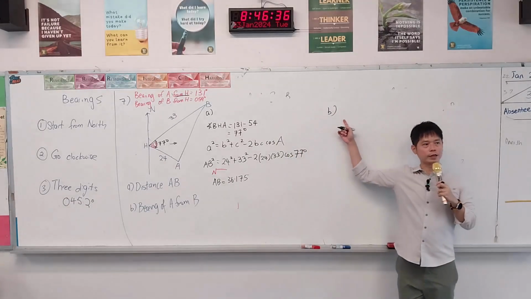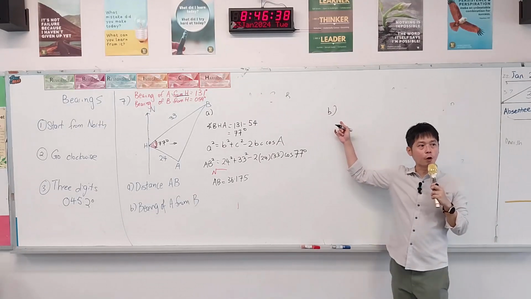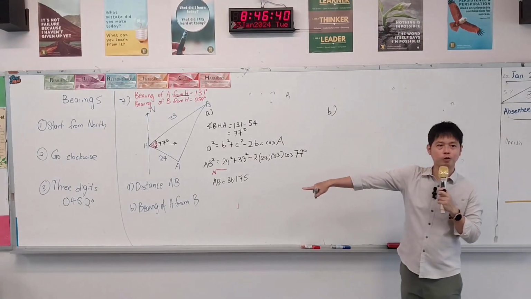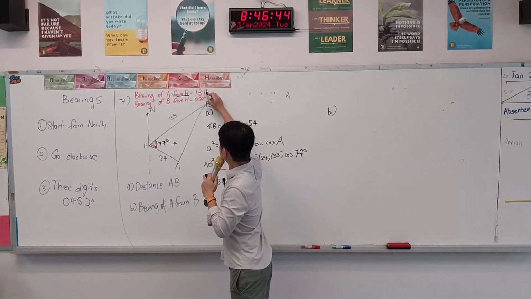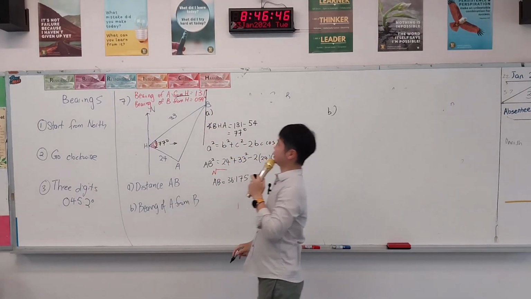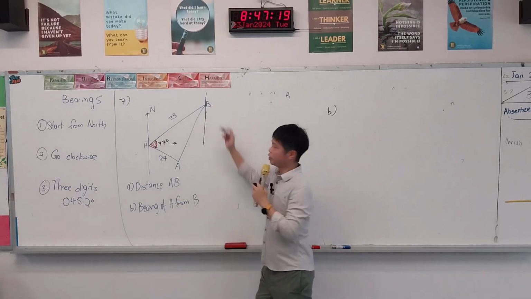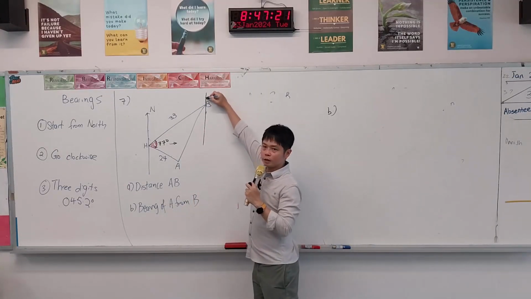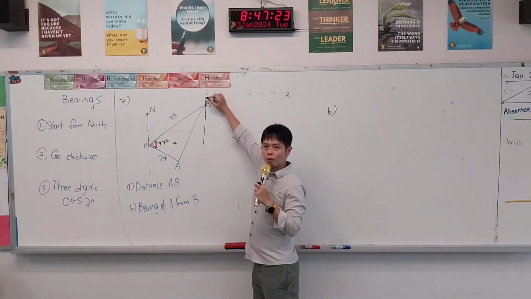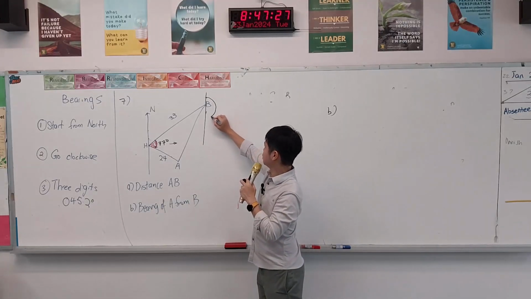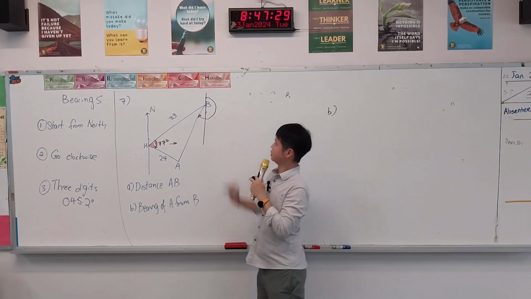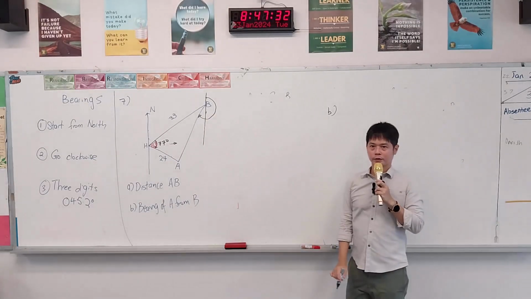Okay, so this is the highlight of the lesson, the last part of the lesson. From B, go to A. So draw a north line from B. Okay? Okay, finish it up. From the north, go clockwise. Not too big, not too small. Okay?